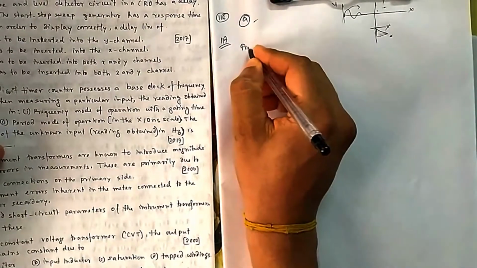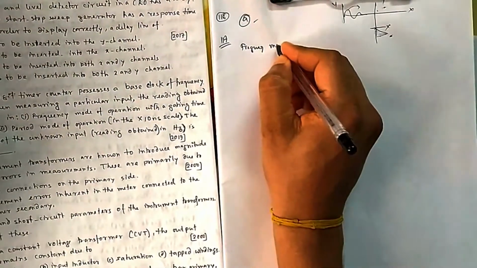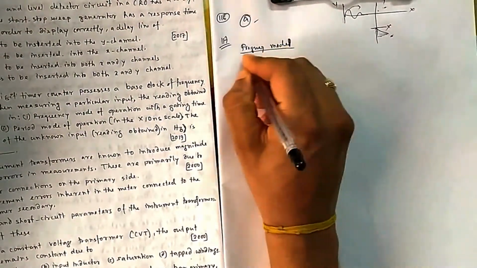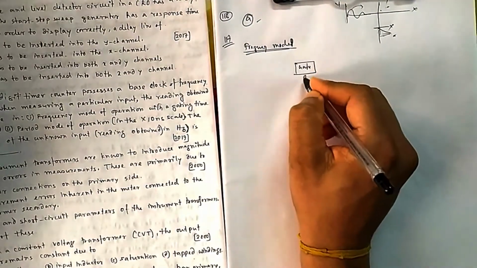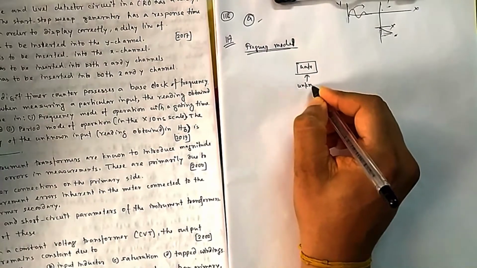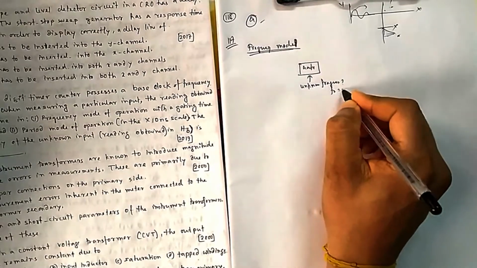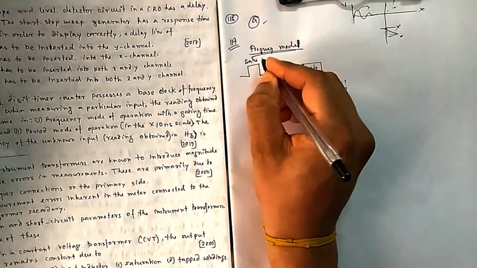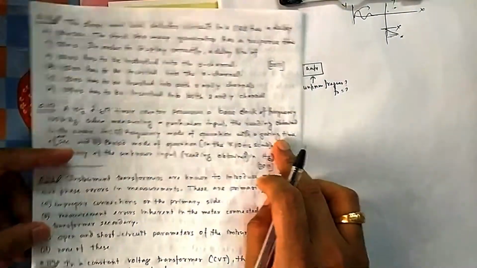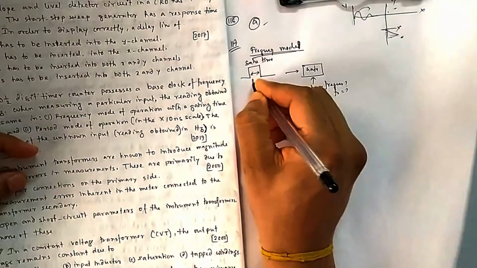So there are two modes of operation. The first one is the frequency mode of operation. Here you can see the system is something like this. This is the gate, and you are giving your unknown frequency here, suppose fx, and here is the gate control pulse, a gating time of 1 second, a 1 second window.